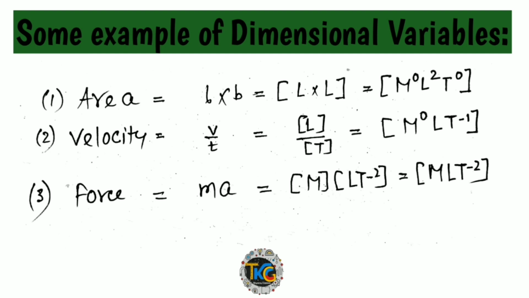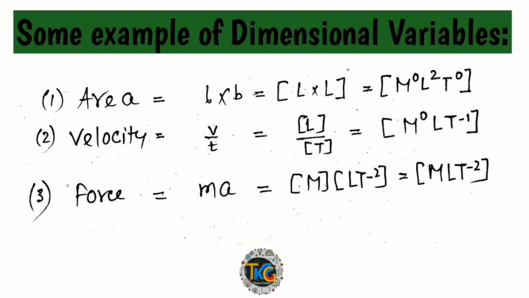The magnitude value here is 15, so it varies with respect to the previous one. That's why we can say that area is an example of dimensional variables. We also know that for different configurations, different substances, different figures, the magnitude value of area is different.